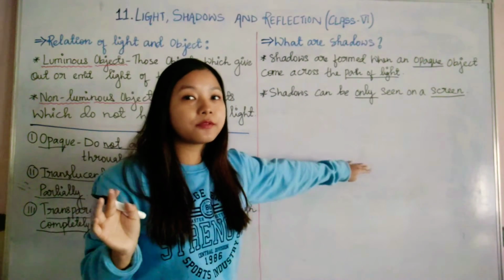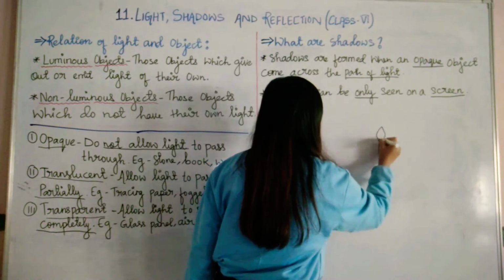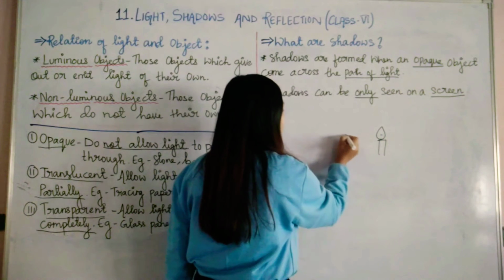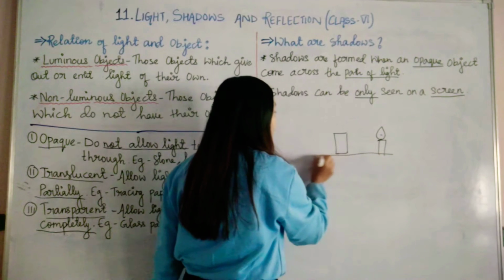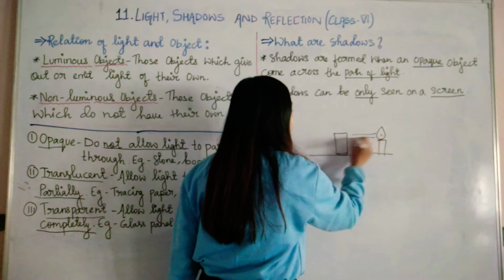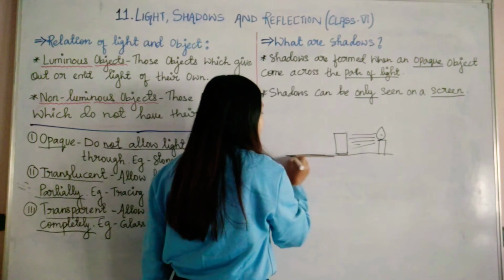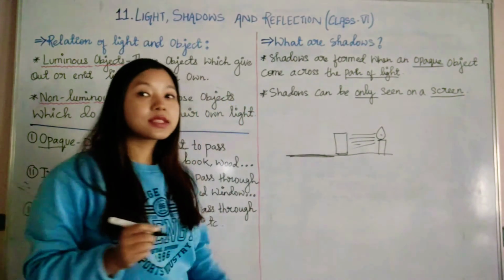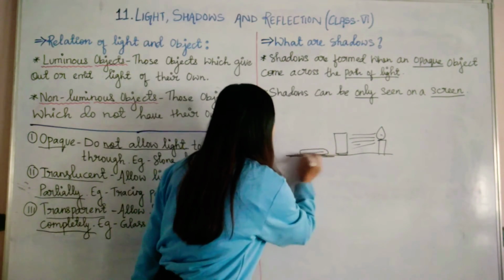Just like what we have seen right now. Just now, we saw a candle lit and a box placed here, made of cardboard. Then the light is falling on this cardboard. This ground acts as a screen and the shadow can be seen here.